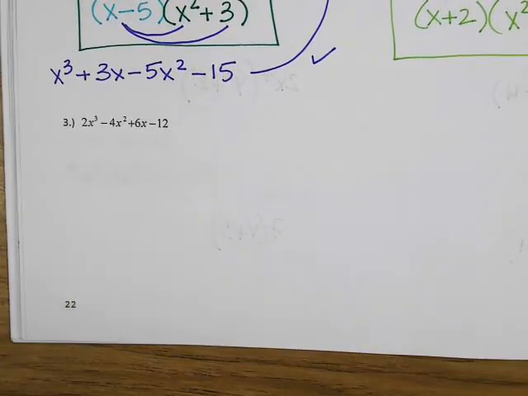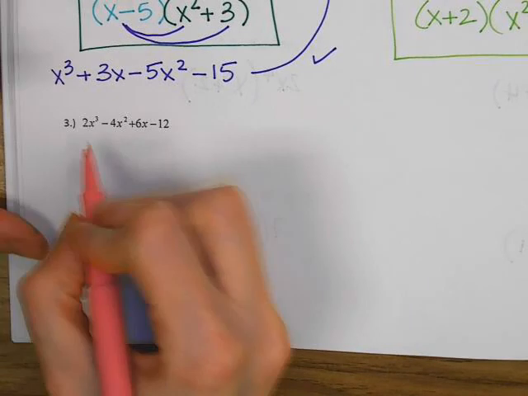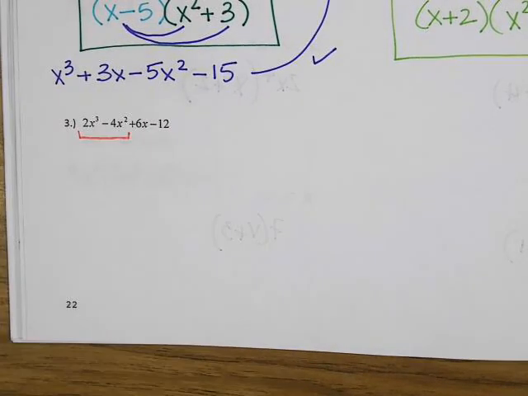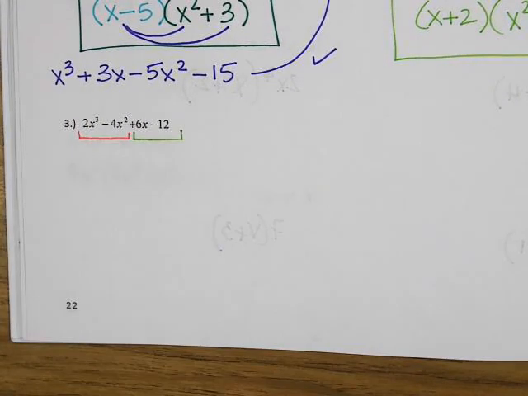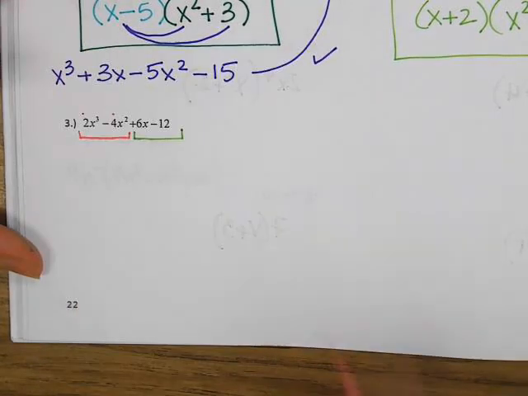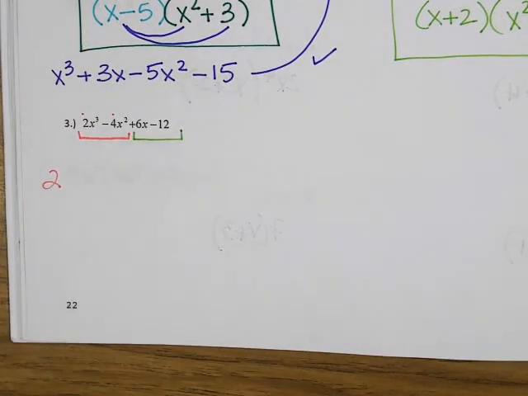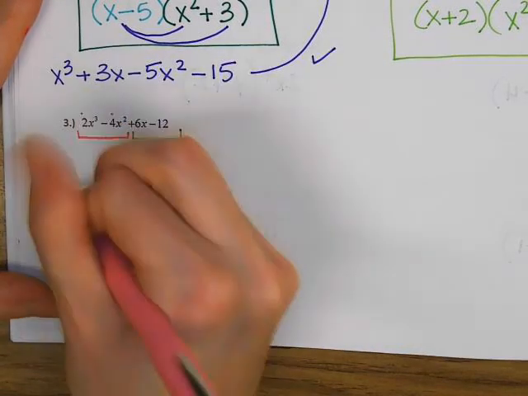Okay, one more, number 3, and then we're done. Let's do a pink pair and a green pair this time. All right, pink pair. What is the GCF? So out of 2 and 4, we can divide out a 2. And the smaller power out of 3 and 2 is 2.